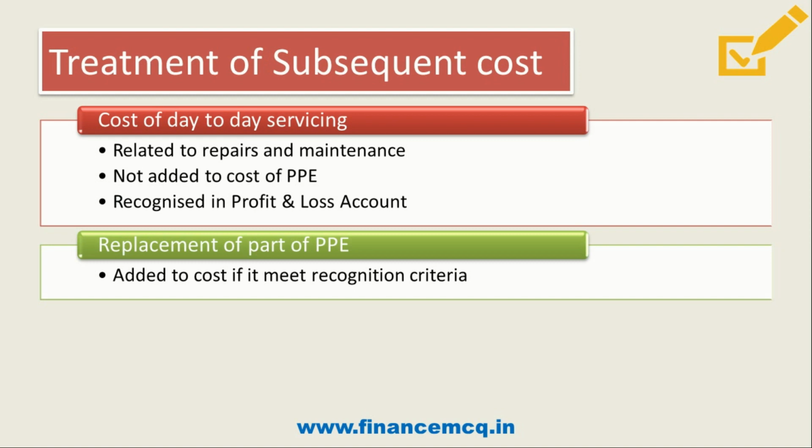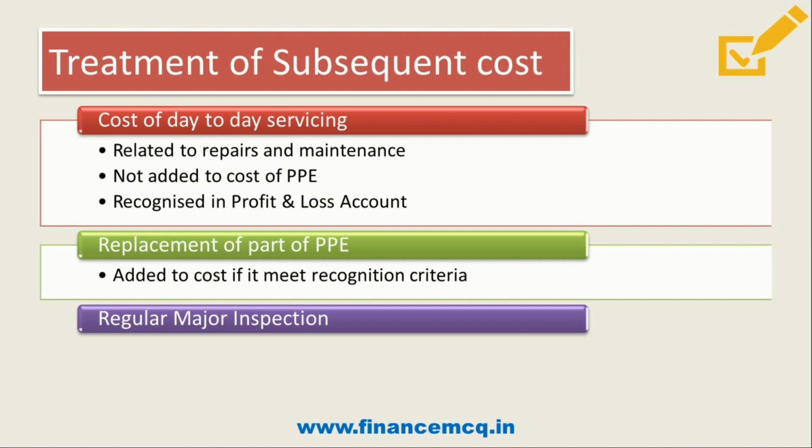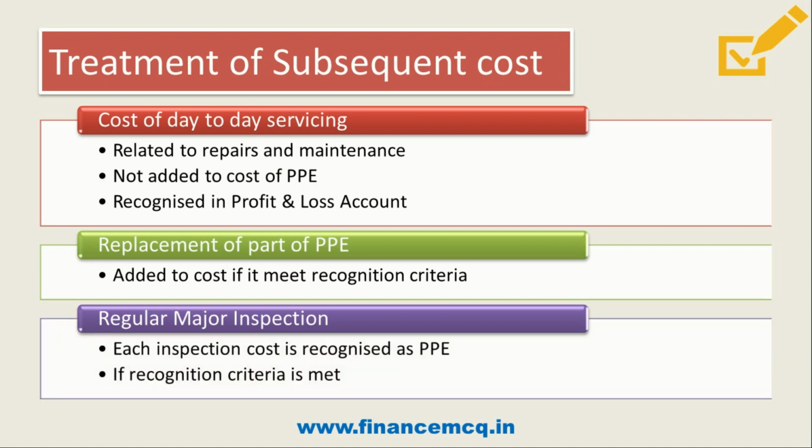Then next we have cost related to regular major inspection and how it will be treated in the books. Each inspection cost is to be recognized as cost of an asset or PPE provided that it has met the recognition criteria as mentioned in this Accounting Standard 10. So I hope these subsequent costs and their treatment in the books are clear to all of you. Now let's move on to the next point.